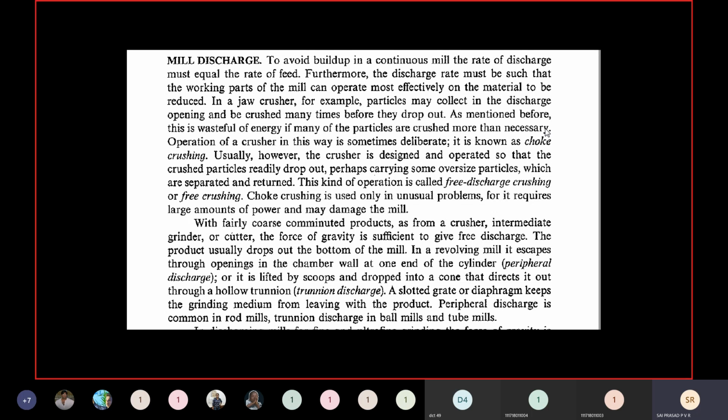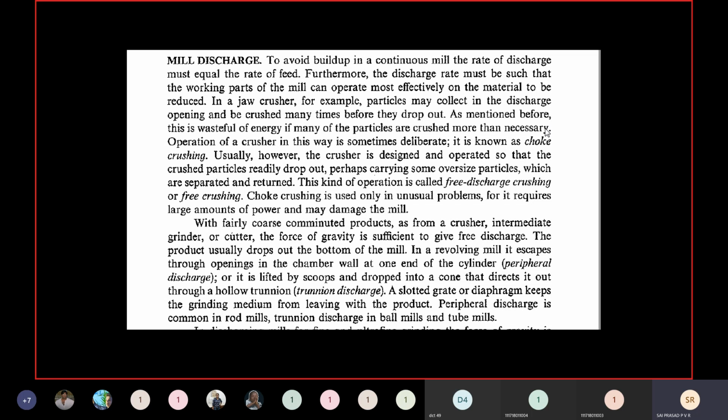Many of the particles are crushed more than necessary. And one more example: since we are dealing with heterogeneous materials, a lump is put into the jaw crusher, but its size is small. Immediately what has happened? Its size was so small that at the initial height itself it became very small. All the particles have become powders. These powders do not touch the two jaws, which are gyrating at the rate of 250 gyrations per minute, because at the bigger height itself they are broken into small pieces.